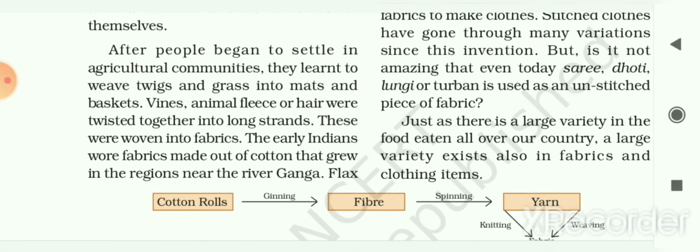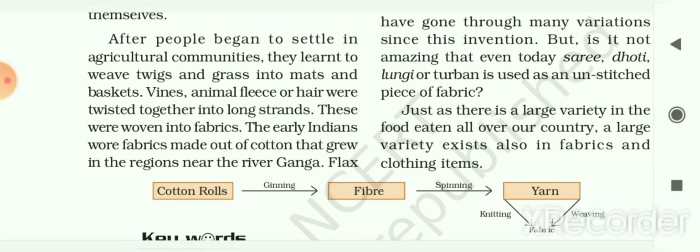After people began to settle down in agricultural communities, they learned to weave twigs and grass into mats and baskets. Vines or creepers and climbers, animal fleece or hair were twisted together into long strands or long yarns, and these were woven into fabrics.